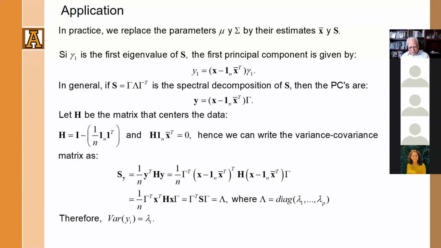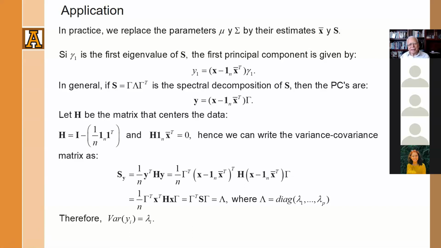Well, remember that gamma is orthogonal. So when you multiply gamma by its transpose, you get the identity. So you can put it as an inverse there. Okay, thanks. Because it's an orthogonal matrix, gamma transpose gamma is equal to the identity. That's maybe why you saw it as an inverse. If it's orthogonal, that'll be the same, right? Okay, thanks. So the important thing here is that the variance of the ith principal component is lambda i.